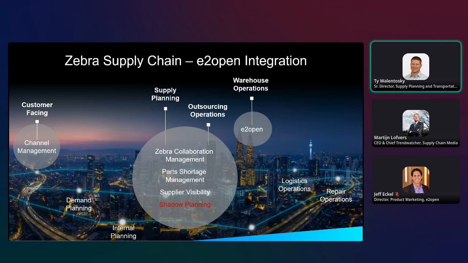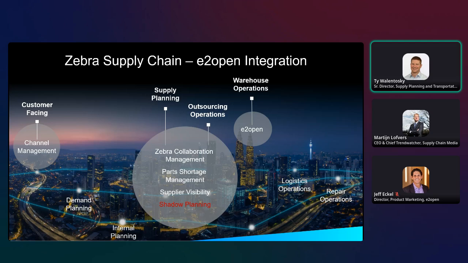The next step that we took with e2open was to start to get into the tier 2 supply base. What does our tier 1s' component supply look like? The first step we took was we created a part shortage management process utilizing e2open.